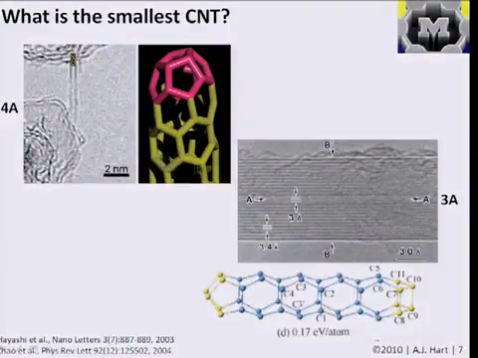And these are experiments where researchers have grown really small nanotubes. For example, they're so unstable that they have to confine the growth in very small pores of ceramics, or confine the growth inside larger nanotubes. So this was one paper that showed a 4 angstrom diameter tube, and this one showed a 3 angstrom diameter tube, and this is the structure.